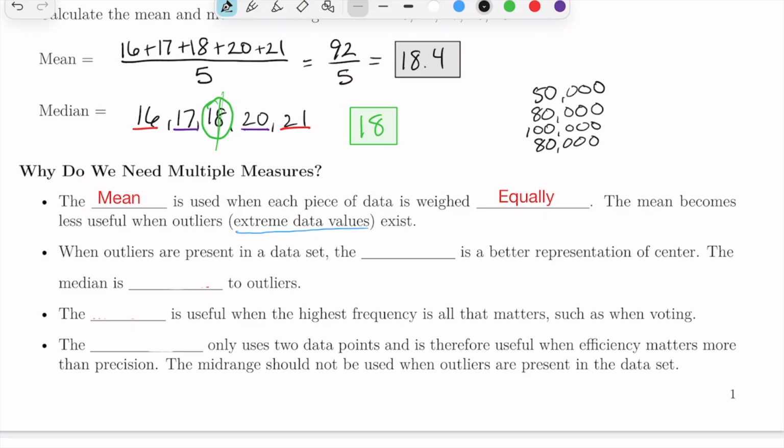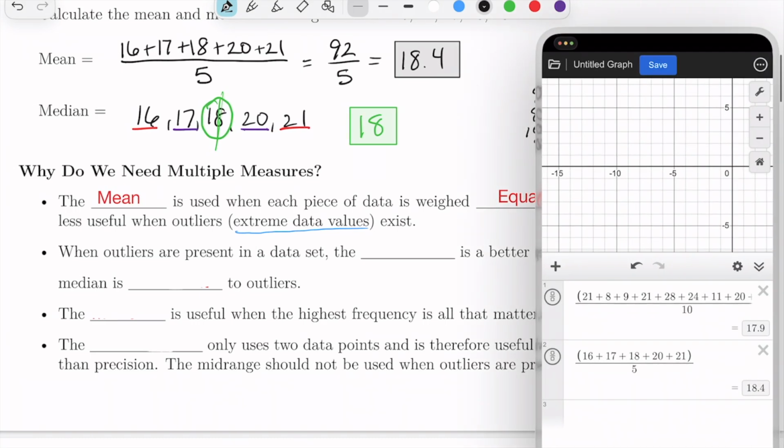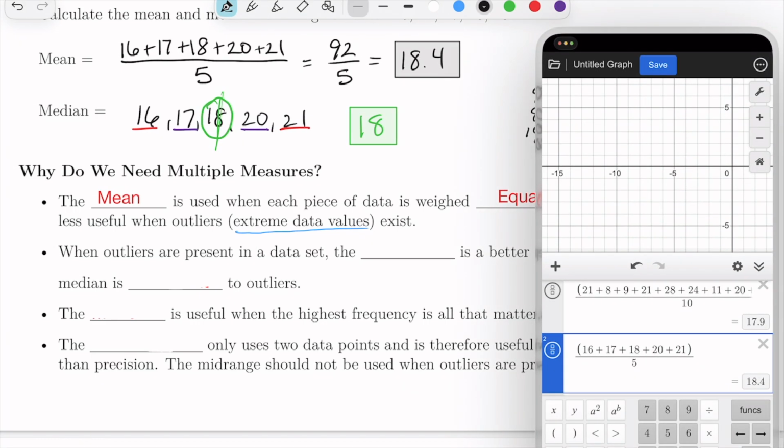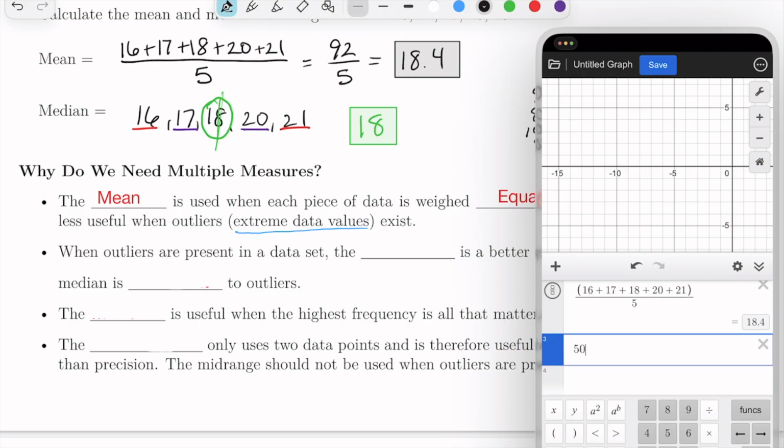So if we have all of these, we could find the mean of the people in our neighborhood relatively easily. 50,000 plus 80,000 plus 100,000 plus 80,000. And then what we would do is divide by 4, the total number of people, right?